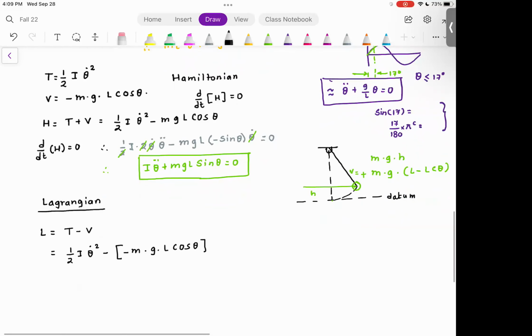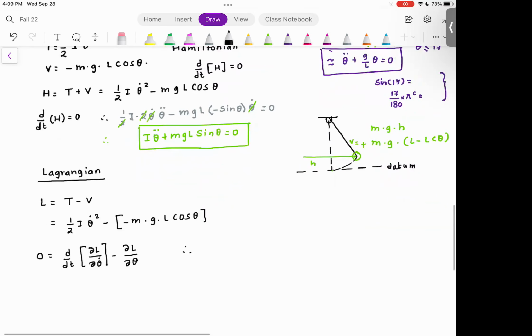And the Lagrangian dynamics equation is d by dt of partial L by partial velocity, our velocity is theta dot, minus partial L by partial theta. Now I'm going to use this expression directly: 1/2 I theta dot squared plus mgL cosine theta.